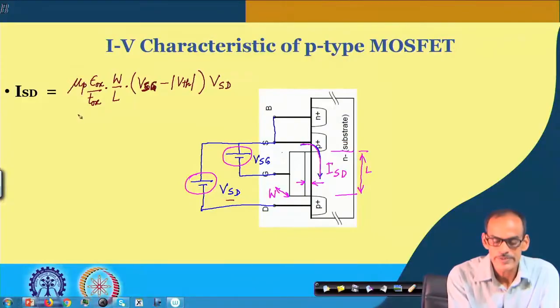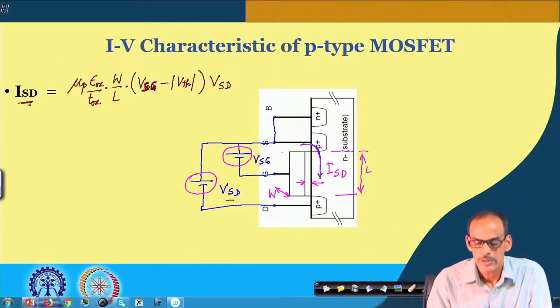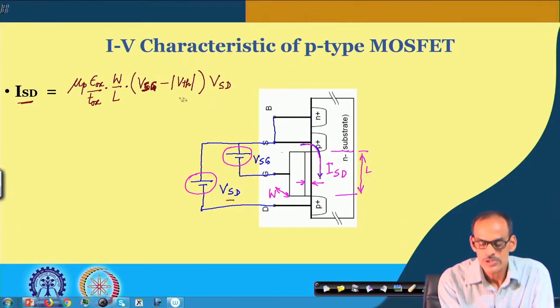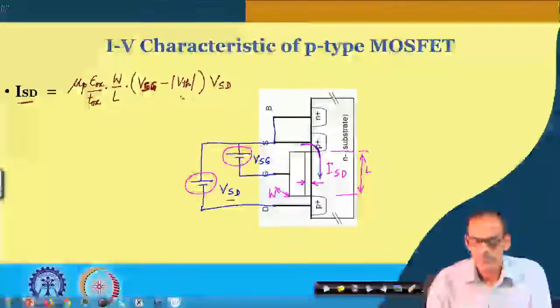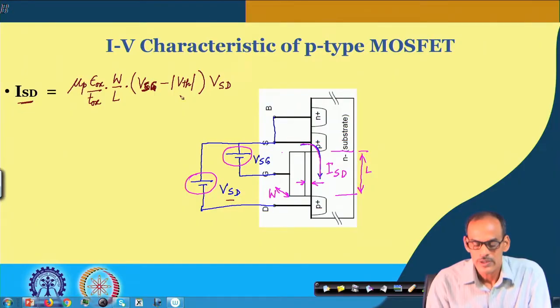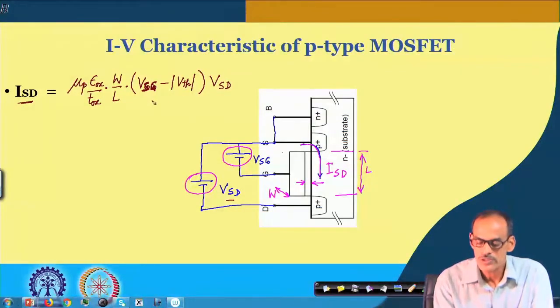So, this is the expression of the current ISD, and it looks valid, but similar to the previous case, this expression assumes that the conductivity of the source portion is a function of VSG minus VTH.